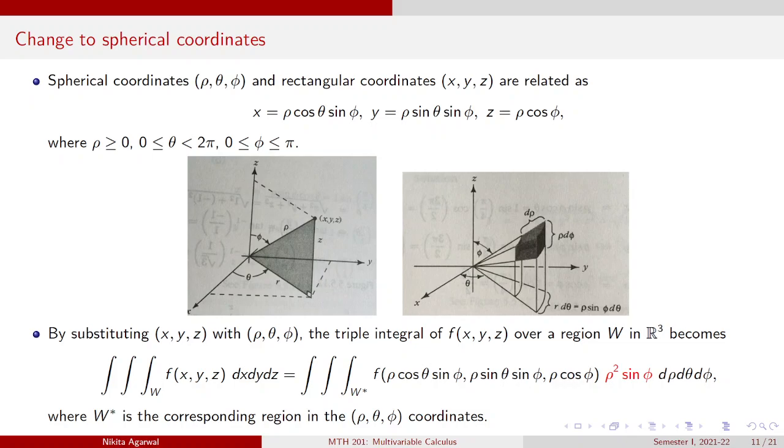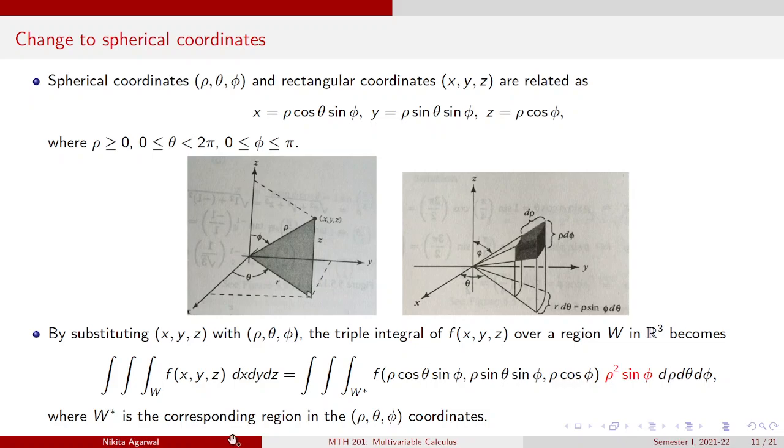Now in this case, the change of variable is a little bit complex. Here you write x to be this, y to be this, and z to be this. And you have this additional term which is rho square sin phi. Okay.